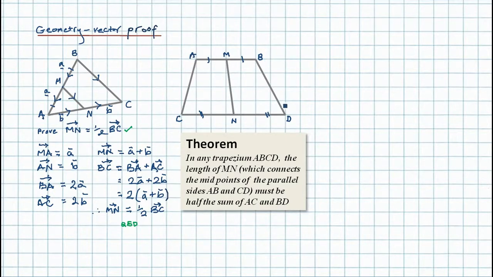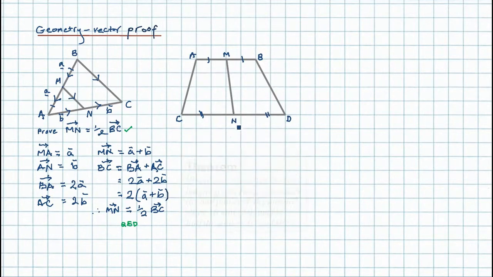So AC and BD added together gives us twice the length of MN. Okay, that's a way of thinking about it. So let's get rid of the theorem and write that down as the thing that we've got to prove. So we've got to prove that, let's put it this way, AC plus BD equals 2MN.